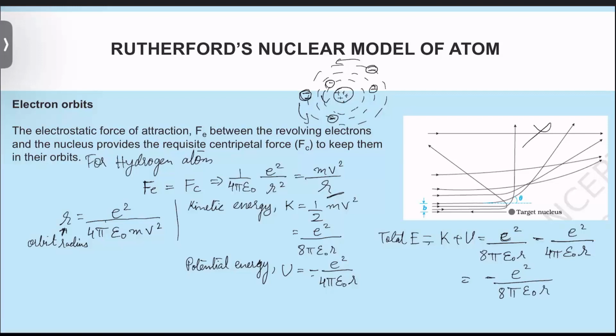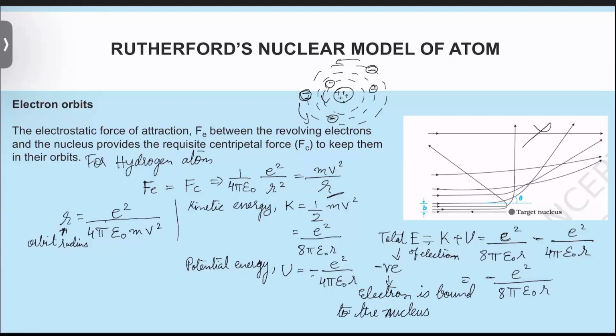So the total energy of the electron in a hydrogen atom is negative. This means the electron is bound to the nucleus, which is why you have a force of attraction between the electron and the nucleus.